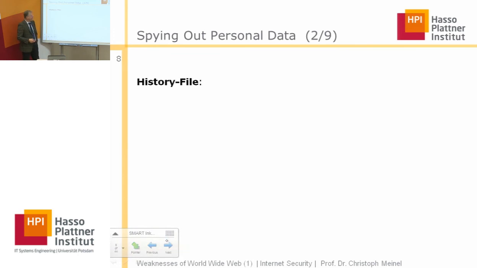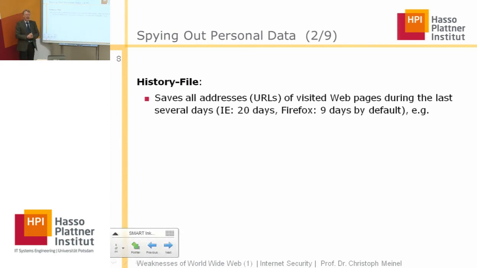Let's start with some of the activity logs. Let's start with a look at the history file. The history file saves all the web addresses, these are the URLs of the visited web pages by a user during a certain period of time. By default in Internet Explorer it's 20 days, in Firefox it's 9 days.